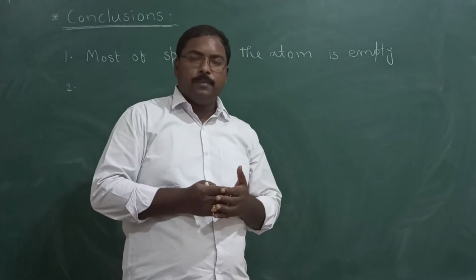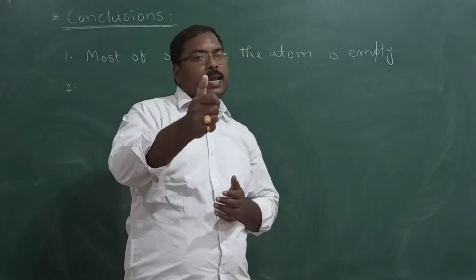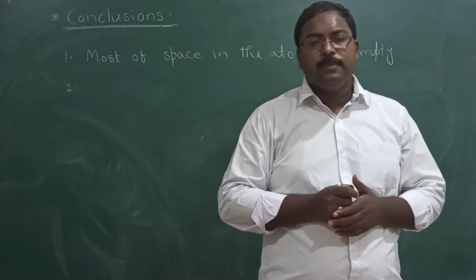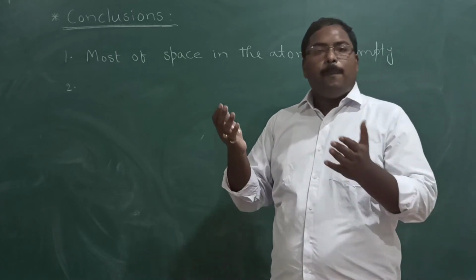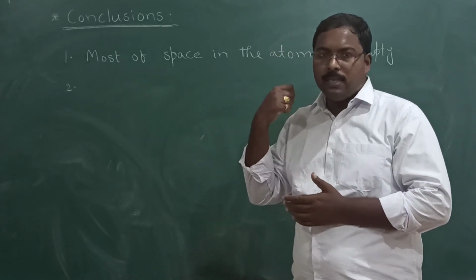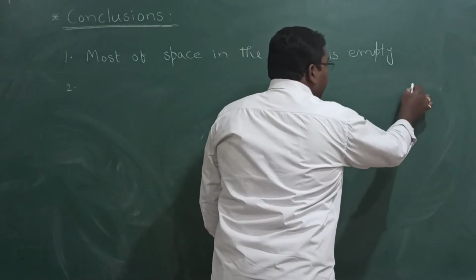We know that. Okay. What type of rays he passed? Alpha rays he passed. What is the charge of alpha particle? As we know, the charge of the alpha particle is positive, because in the starting of the class we discussed it.